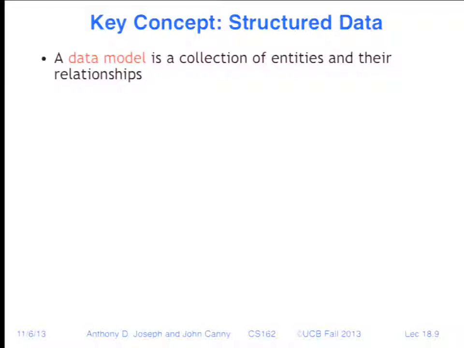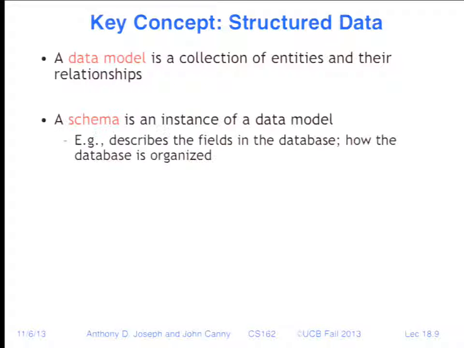So, describing databases starts with a data model, which is abstractly a collection of entities and relationships. Specifically, we're going to be interested in the relational model. Then to deal with a particular question or set of data, you want to define a schema. And that defines what the entities are, what their relationships are abstractly, without looking at specific instances, and how the data is organized.